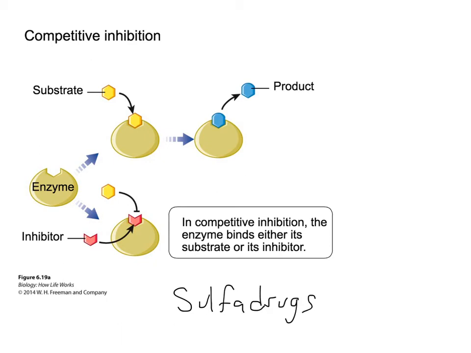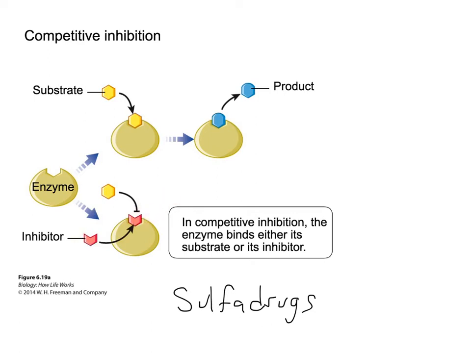what happens is that we have a substrate, it enters into the active site and it goes to a product. In competitive inhibition, the inhibitor occupies the active site and prevents entrance by the substrate so it can't be acted upon. Now, the inhibitor will leave.